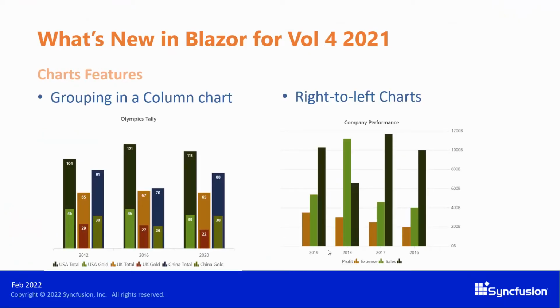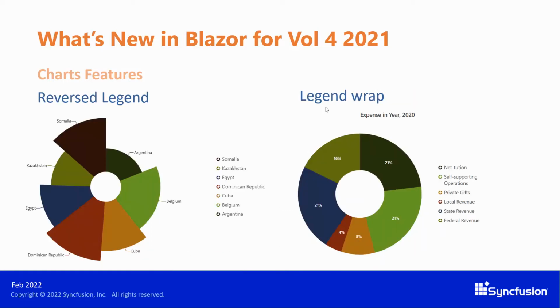Next, to the charts component, grouping support has been added to the column chart, and RTL support has also been added to all chart types. So let's first discuss the features available in charts, and then we'll have a look at the examples. You can see the reversed legend feature here.